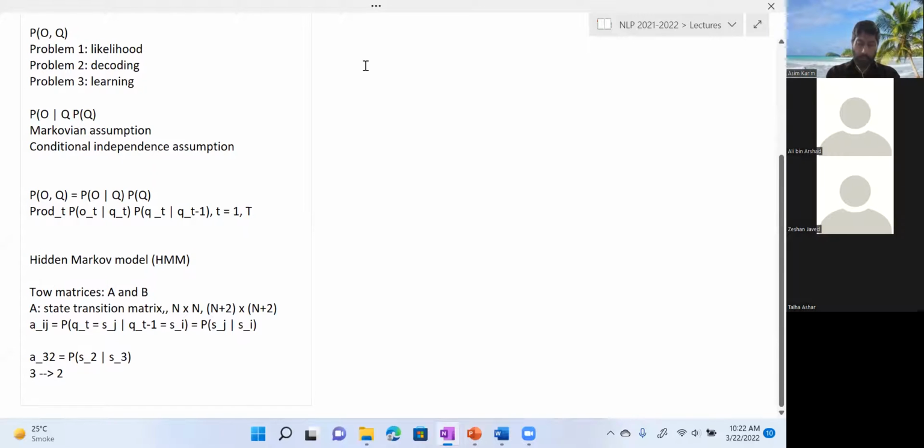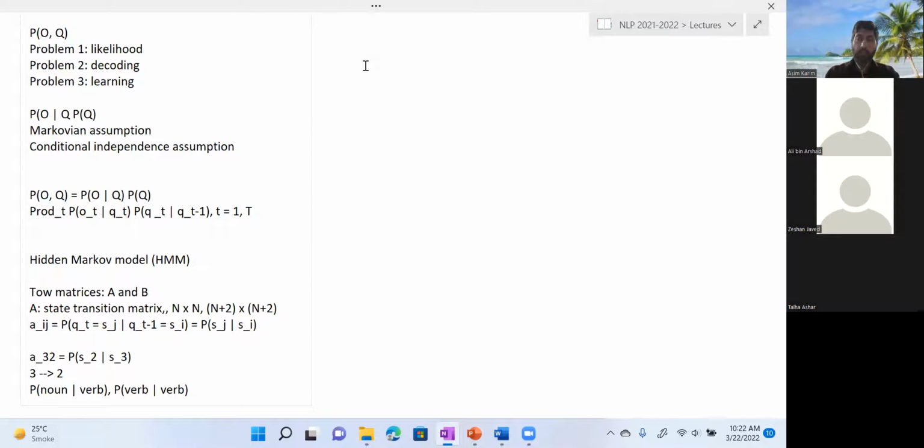So for example, you might have the probability of noun given verb. What is the probability that you will see a noun after seeing a verb? This is, of course, for the application of POS tagging, and you might have other scenarios like a verb given a verb.